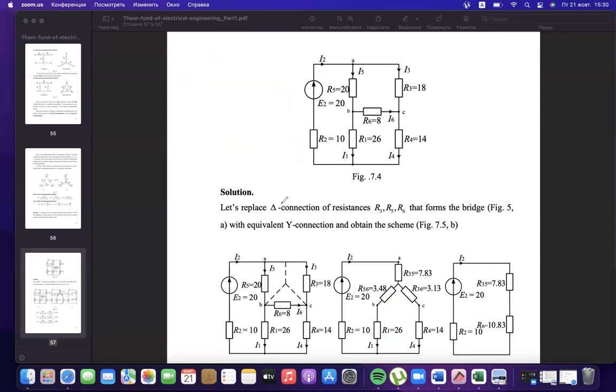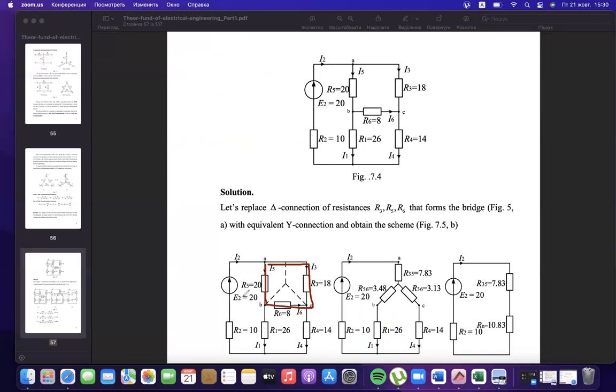For example, in this task, let's see how it is done by transforming delta to star. The first step: instead of the delta inside the circle, we have all resistances, 10, 20, 26, 18, 8, and 14 ohms.